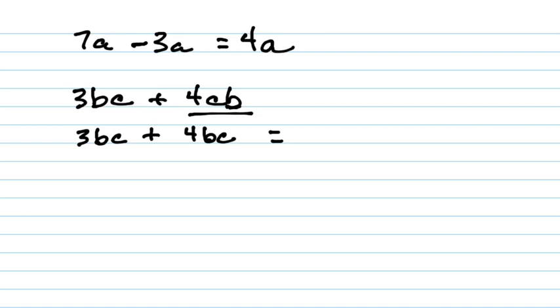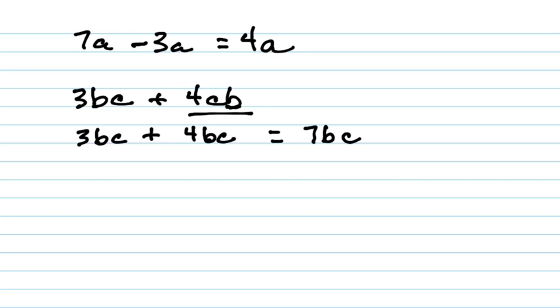So what is 3 BCs plus 4 more BCs going to combine to give me? 7 BCs. And notice the BC part doesn't change, just the coefficient, right? We still have BCs, but we just have more of them than we started with. So in like terms, only the coefficient changes. Exactly. Because you're only going to have more of the same thing or less of the same thing, but you're still going to have the same thing. Make sense? Okay.